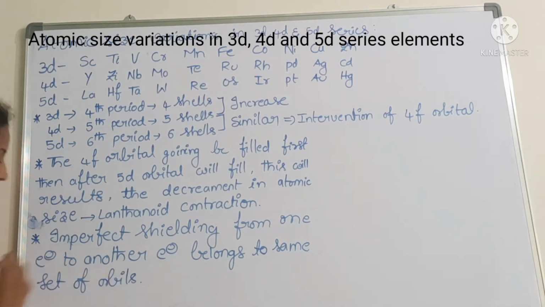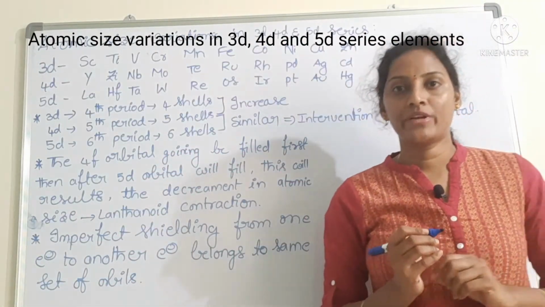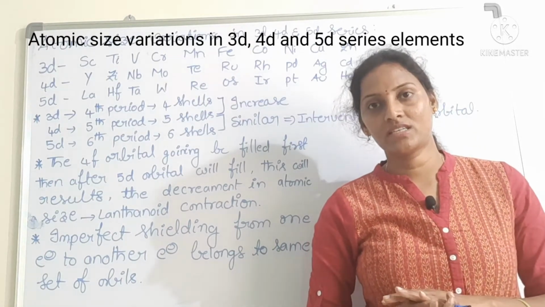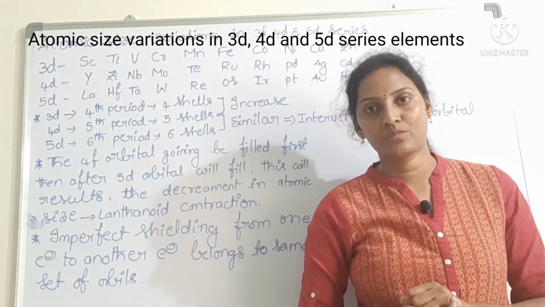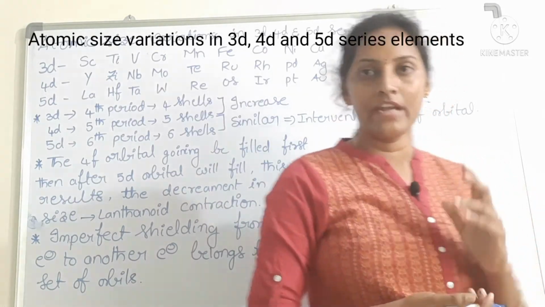See here, I will explain this. The same set of orbitals are nothing but degenerate orbitals. What are those degenerate orbitals? Those degenerate orbitals belong to the subshells. Where are these subshells present? The subshells are present in main shells.